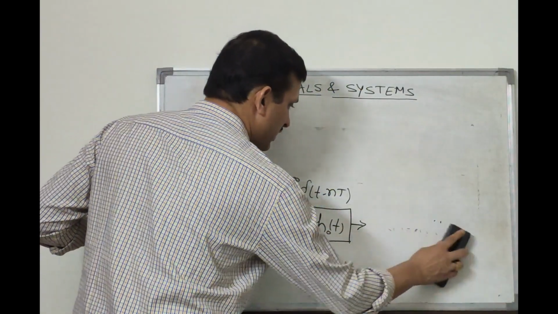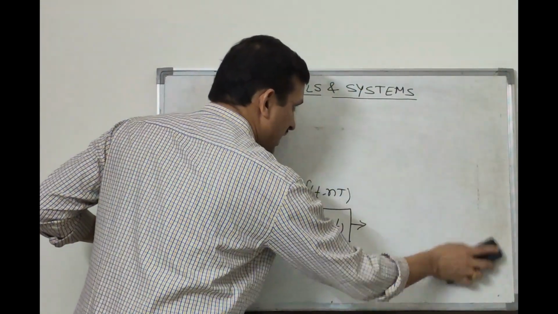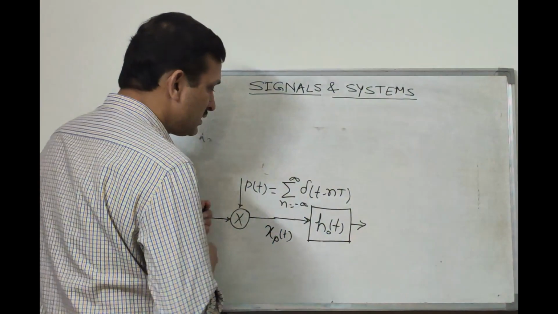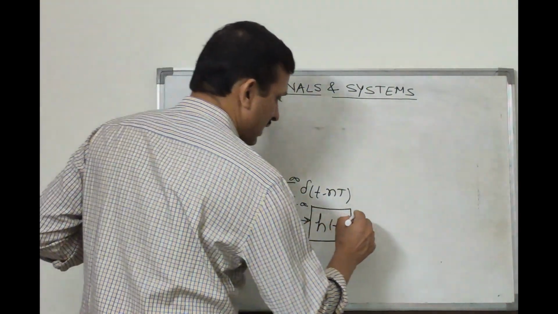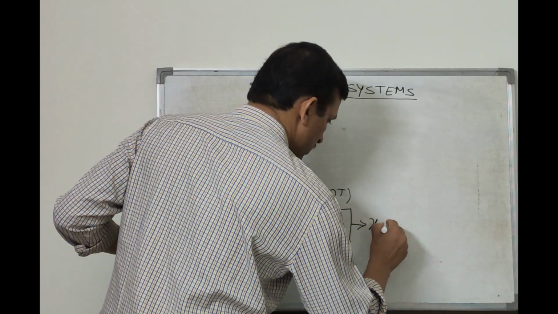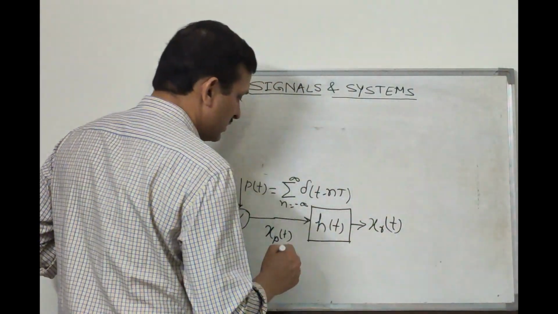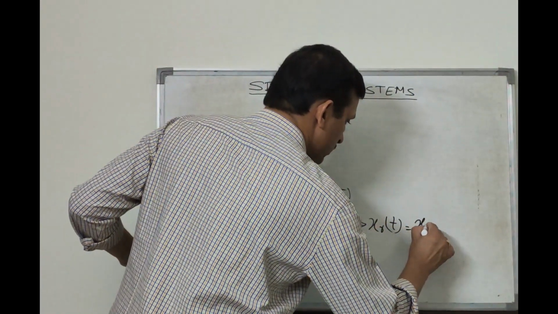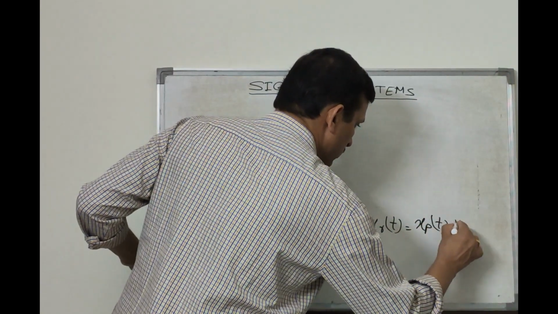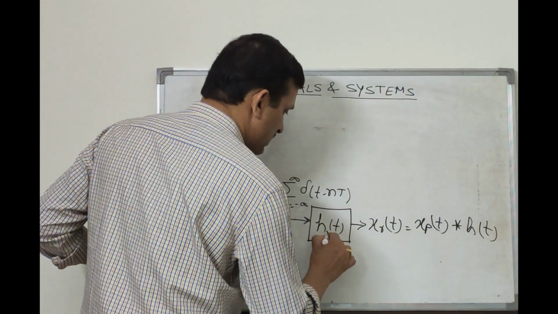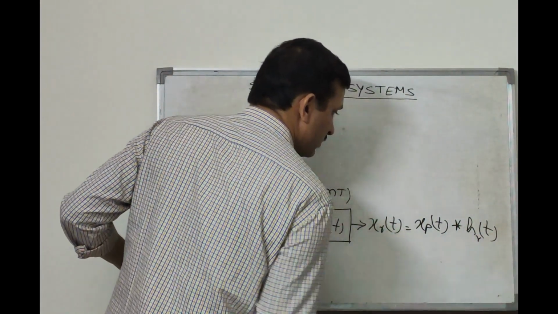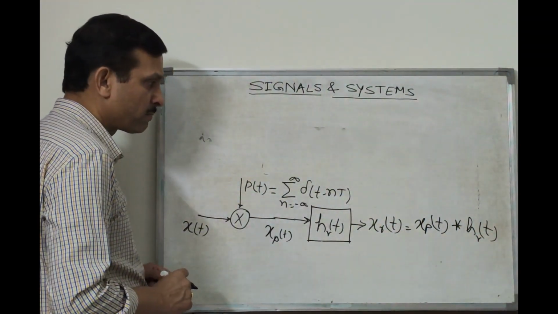Now, this x_o(t) is an approximation. Let us talk about the other filter. Then this x_r(t), what is it? Let this be h_r(t).